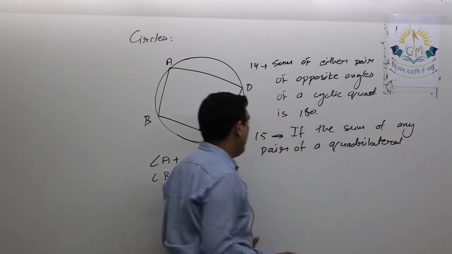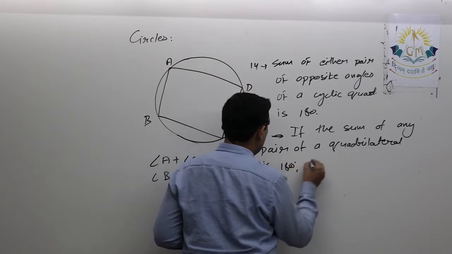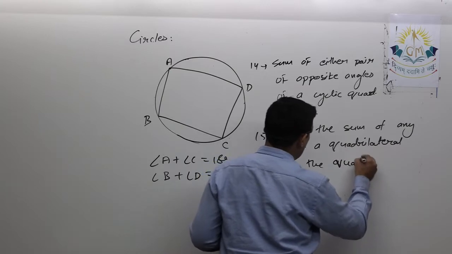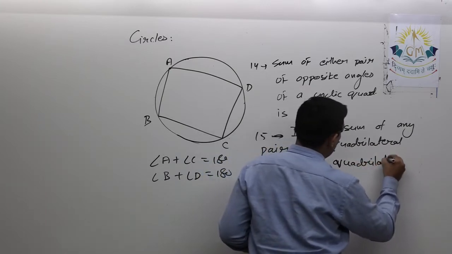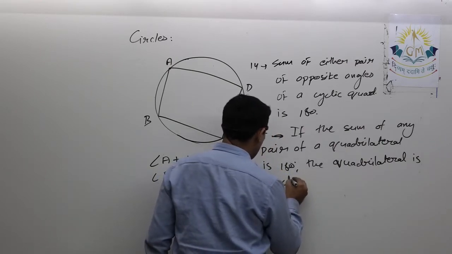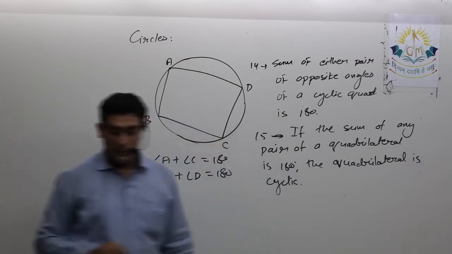If the sum of any pair of a quadrilateral is 180 degree, then the quadrilateral is cyclic.